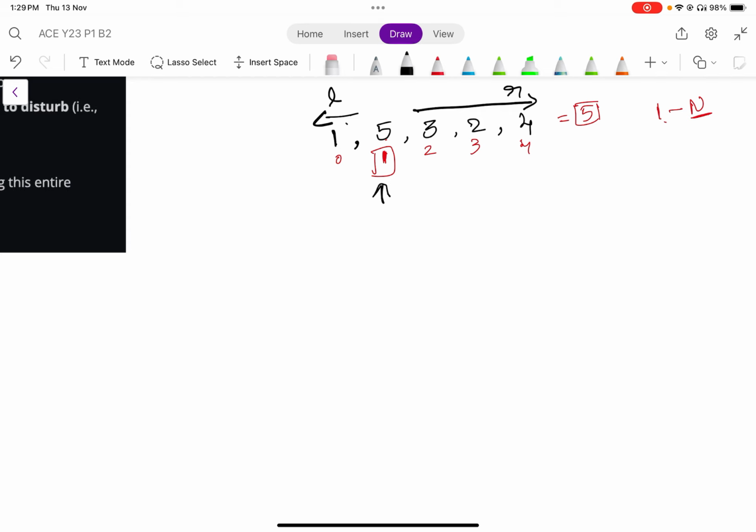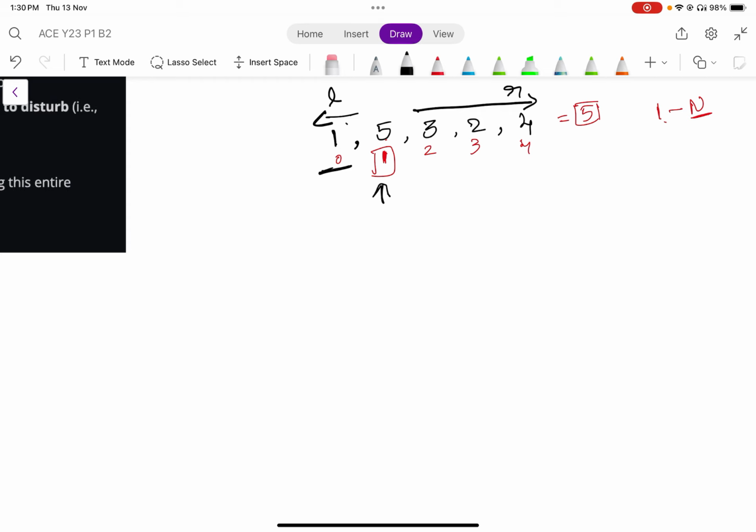So if I find the position of the top priority person, will it be helpful for me to identify how many people are present on the left and right? Yes, of course. The top priority person stays at which position? At index 1, right? So how many people are present on the left side?